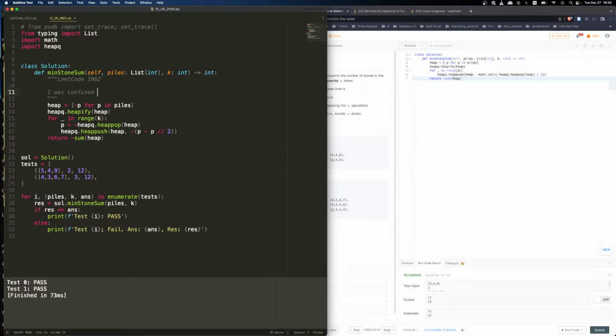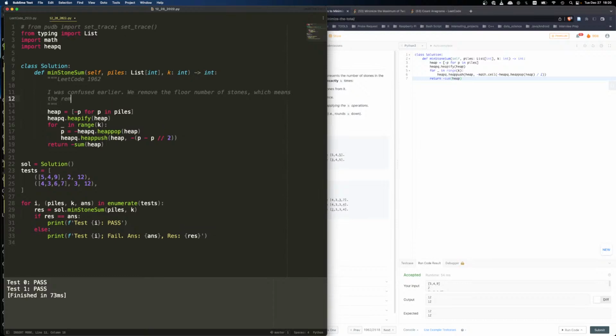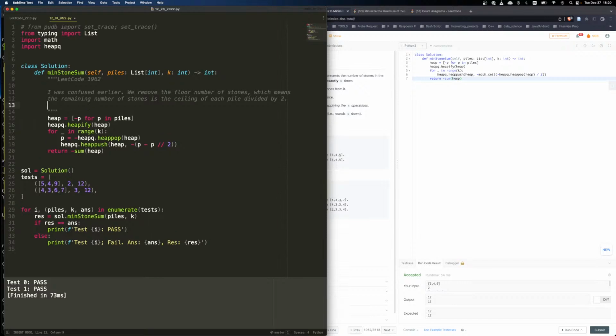Alright, I was confused earlier. We remove the floor number of stones, which means the remaining number of stones is the ceiling of each pile divided by 2. But it'd be better if we implement it according to the definition.